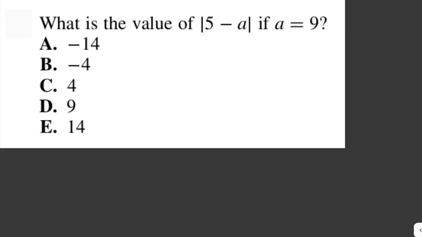What is the value of the absolute value of 5 minus a if a is equal to 9? Now, the absolute value of a number is the distance of that number from 0, regardless of whether it is positive or negative.